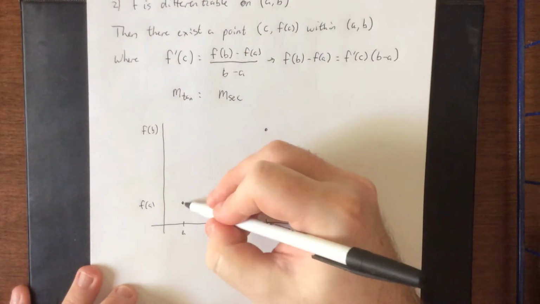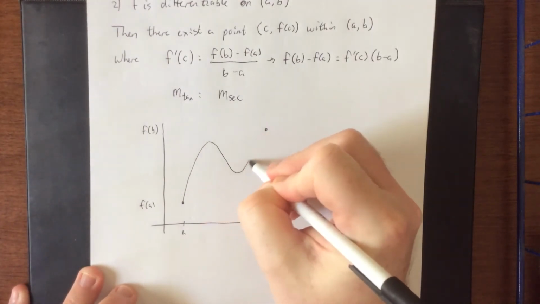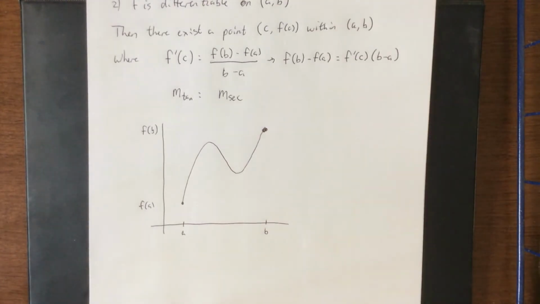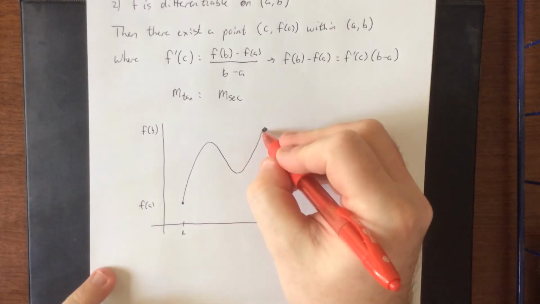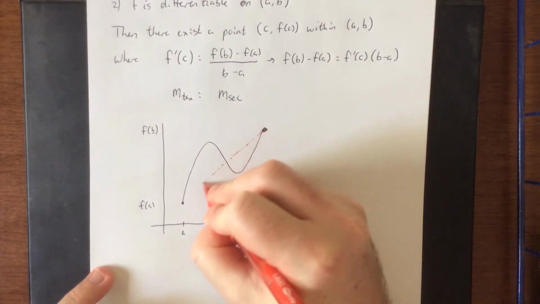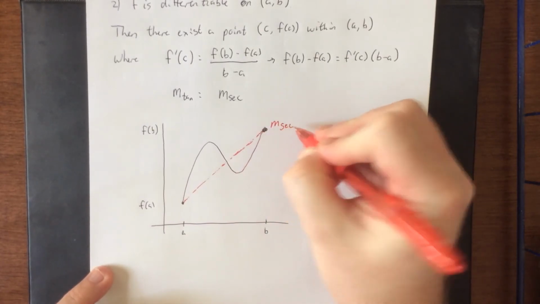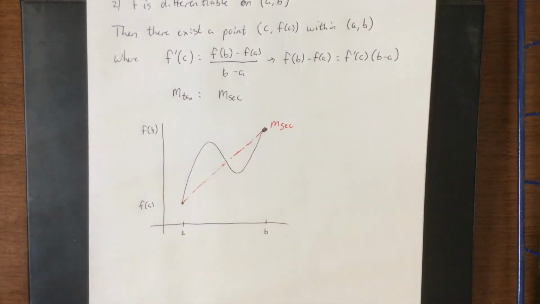So what we're saying is I can connect these two points with any sort of function that I want, and we're going to be able to find a point where the secant line connecting these two points is going to be parallel to a given tangent line.